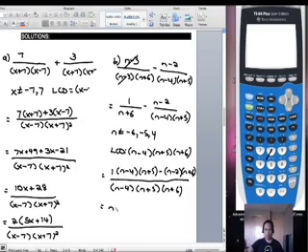FOIL everything out. I put the second trinomial in a bracket with a negative sign in front of it because we still have to change the signs inside of there.